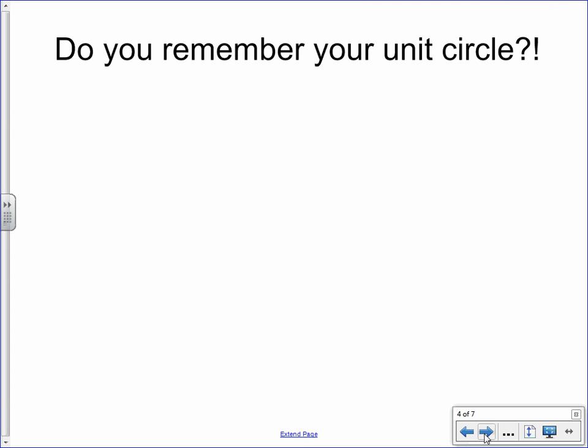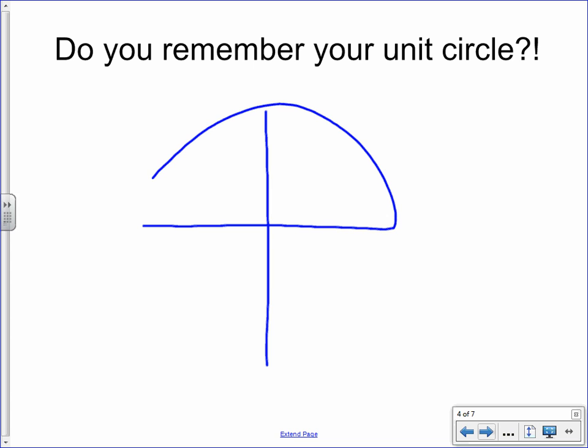Before we begin, let's remind ourselves about the unit circle. It's been a few days since we've used some tricks. At 0 radians, what is this coordinate right here? 1, 0.